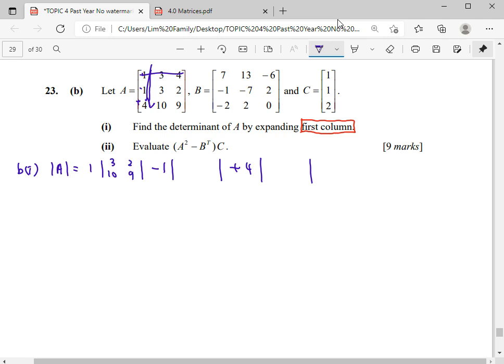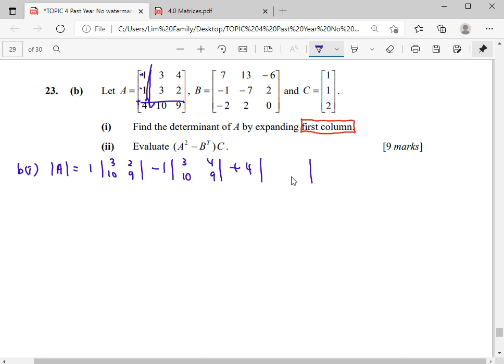If you're getting the second position, 2,1, it will become 3, 4, 10, 9, because it's expanding by column. Then continue for 3,1. This is 1,1, this is 2,1, this is 3,1.